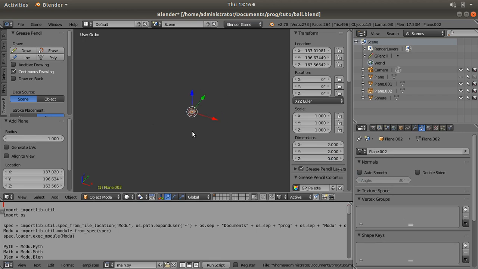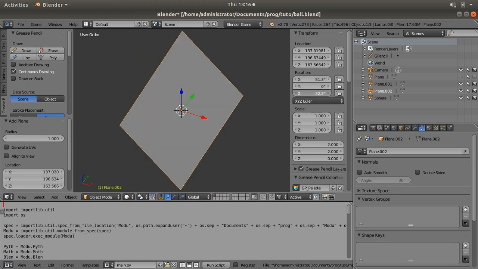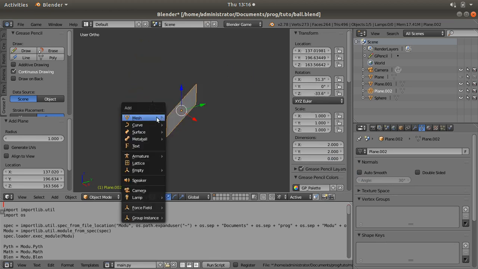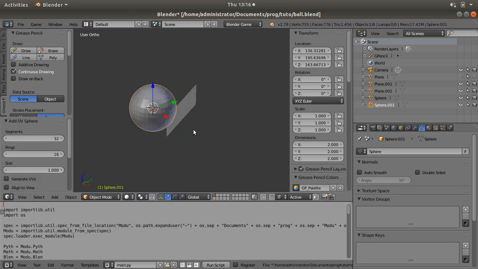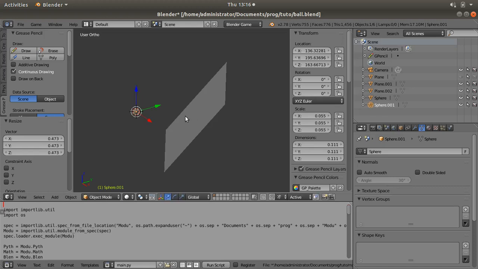If you have a plane and I rotate it in any direction, and I take another point, a sphere, and I draw a vector from the center, or it could be any point on the plane actually, but usually it's convenient to use the center because that's how polygons are stored.